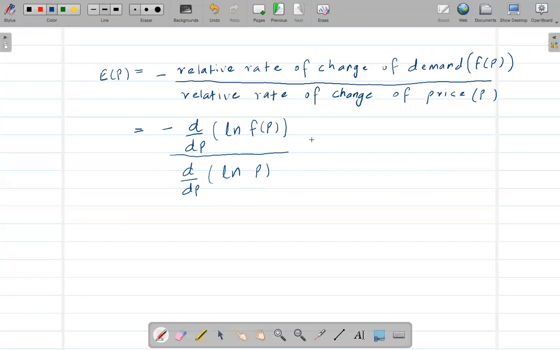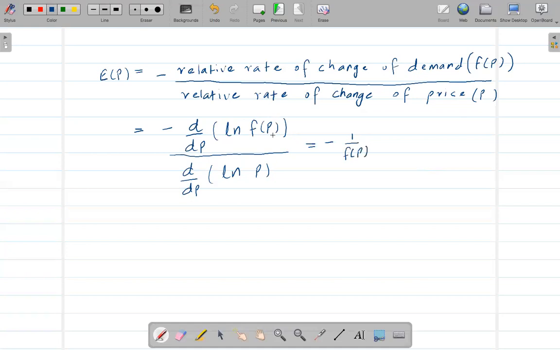Okay, so now what we're going to do here is, well, there is a negative there still, right? So we have to write that negative. And when I take the derivative of the natural log of f of p, the first one will be 1 over f of p, right?